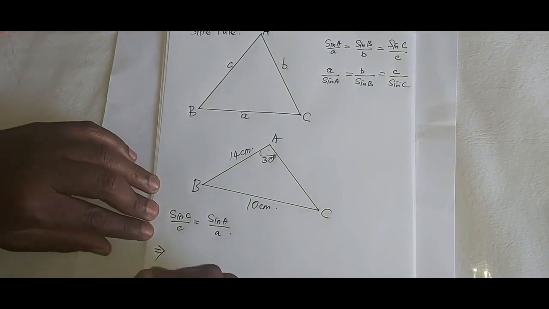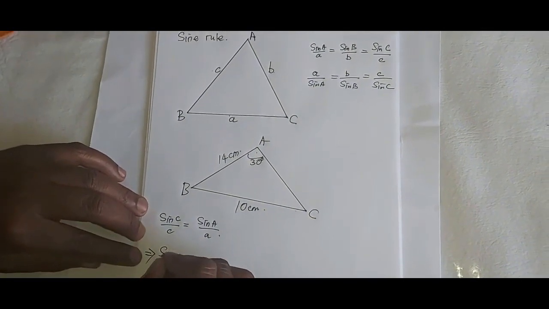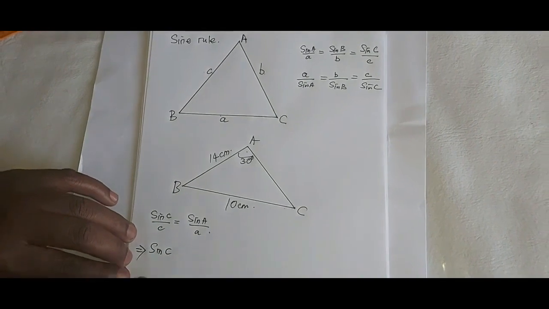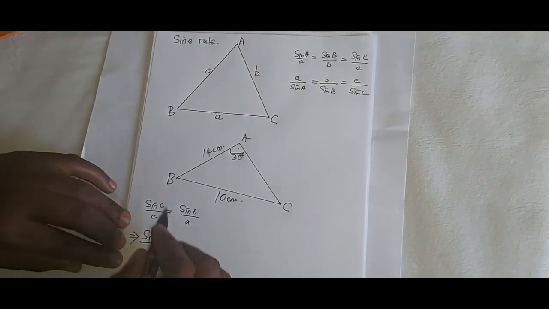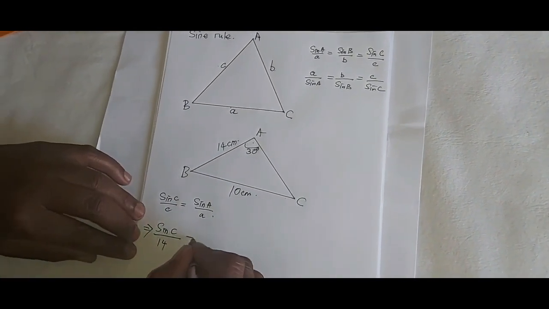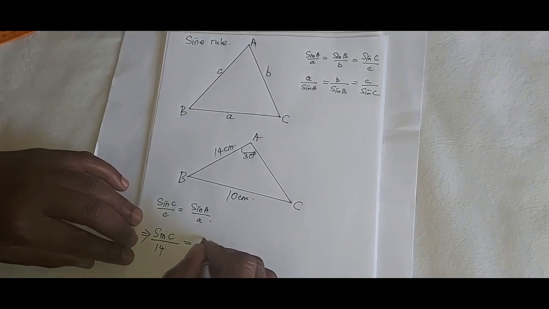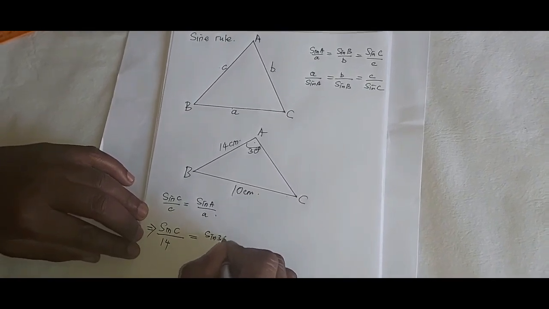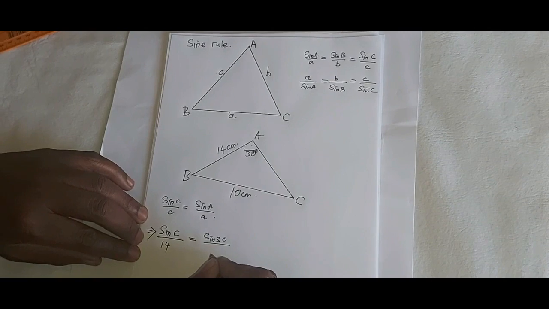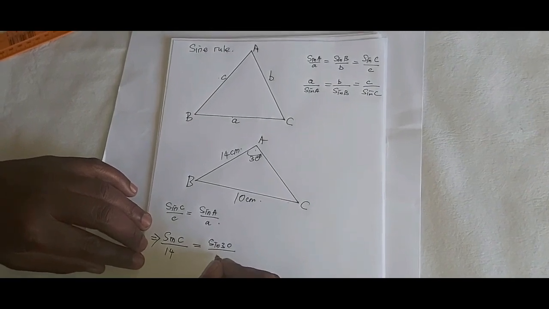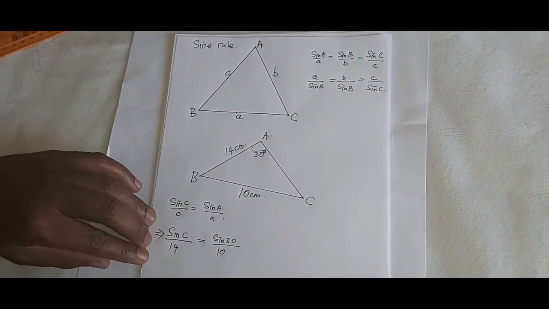Therefore sine C over 14 centimeters is equal to sine 30 over the opposite side, 10 centimeters.